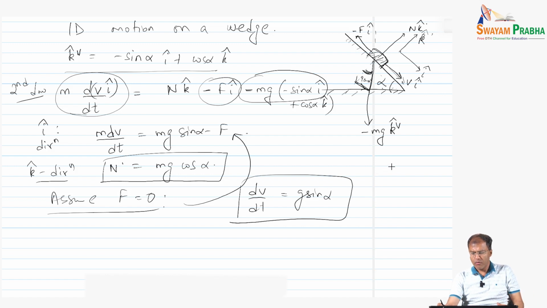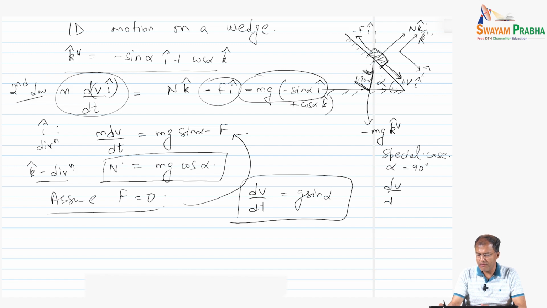That is, for the special case, alpha is 90 degrees, right? So we see that if alpha is 90 degrees, the equation of motion is dv/dt equal to g, right?